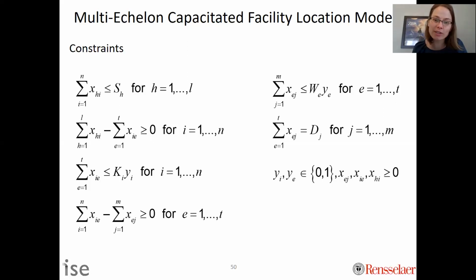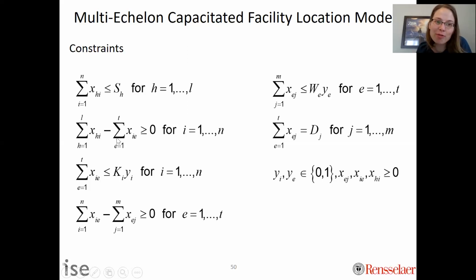So there are 2 kinds of constraints remaining, and that's this second constraint and this fourth constraint. What does this constraint say? It's saying we're summing up from the source, the suppliers, minus summing up into the factories, has to be greater than or equal to 0. What does this say?